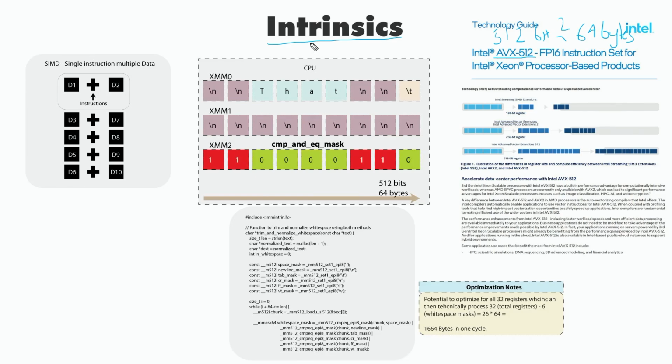With characters, one char is 1 byte. So technically you can process 64 bytes, and they have 32 registers of this. So you can have 64 bytes into 32 registers, which is around 2 point something kilobytes of data, or in this case 2 point something thousand letters that I can process at the same time.